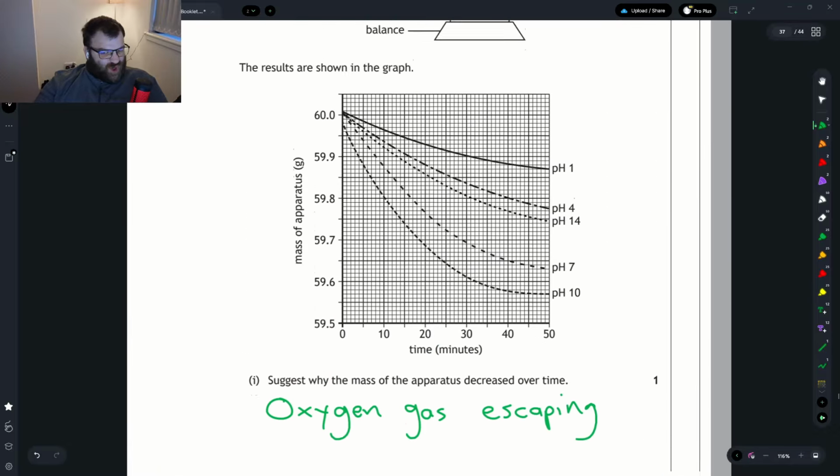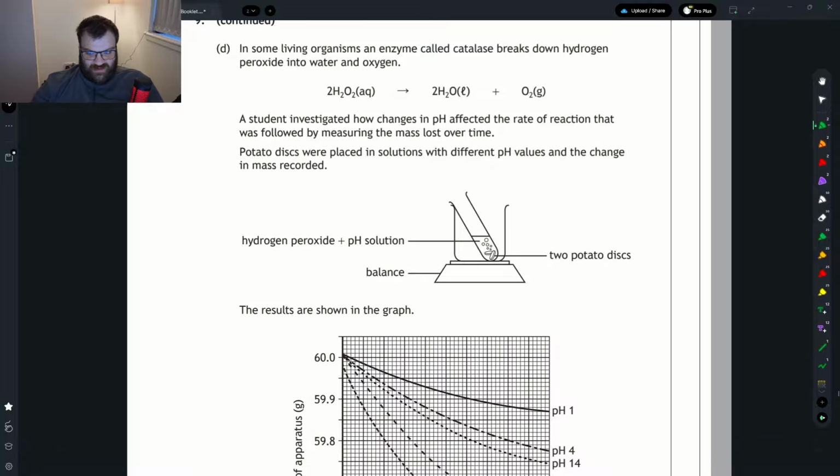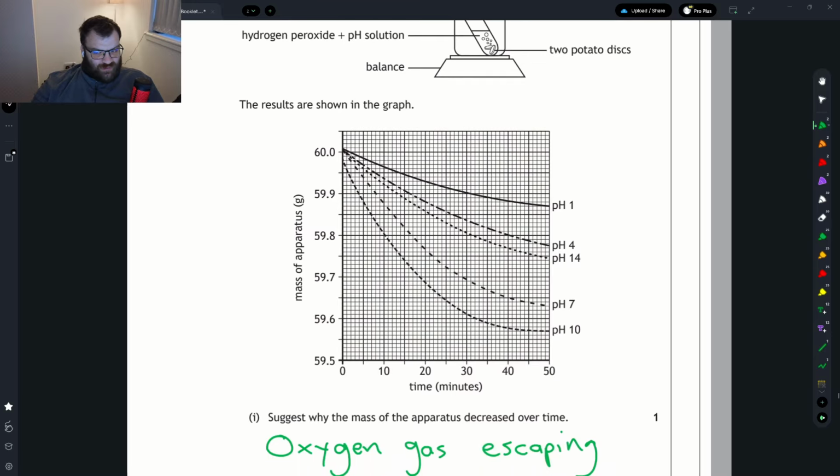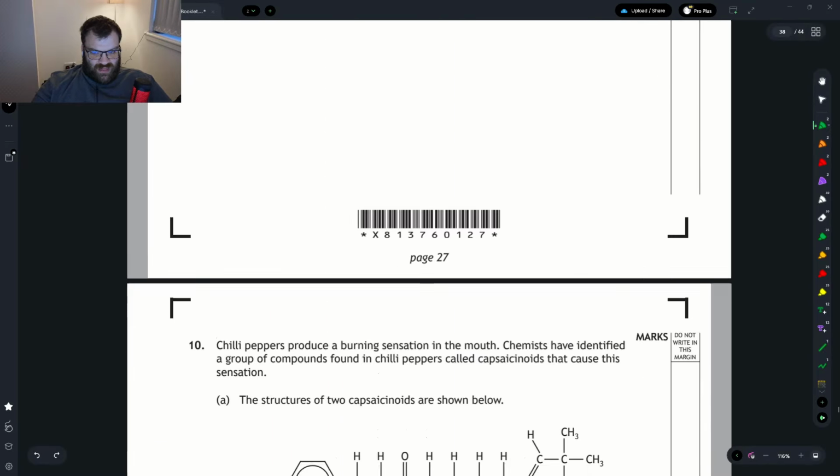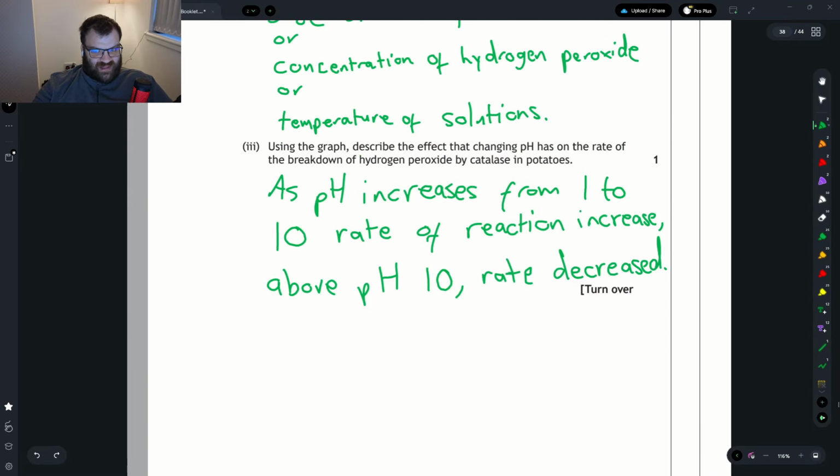And that's the idea of optimum. So if you've done biology, you've heard that, hopefully. So that's the best pH it works at as well. So that was a wee hidden, sneaky one there. So between 1 and 10, it goes up, and then above 10, it's going to go down. For that one, which is the standard thing for catalysts, standard thing for enzymes, that it goes up to a peak and then it drops off above.